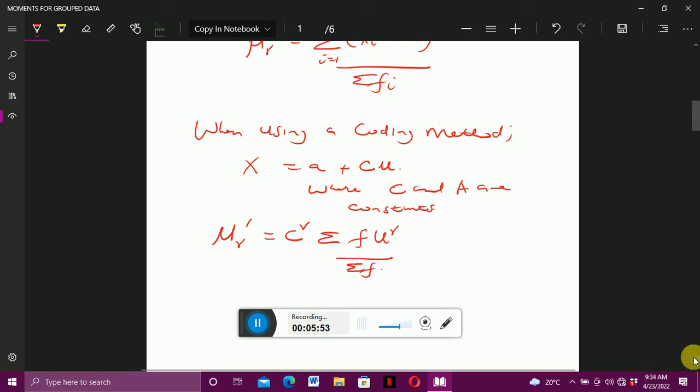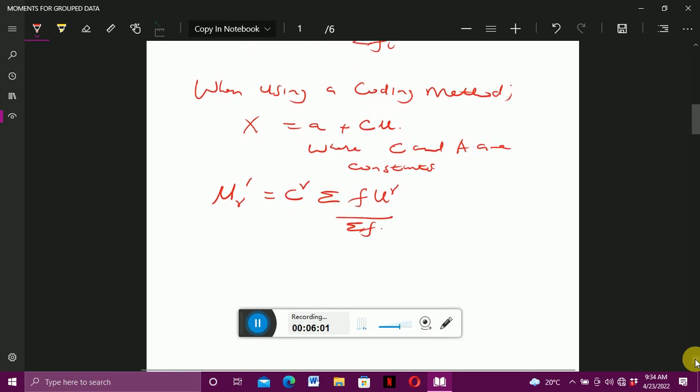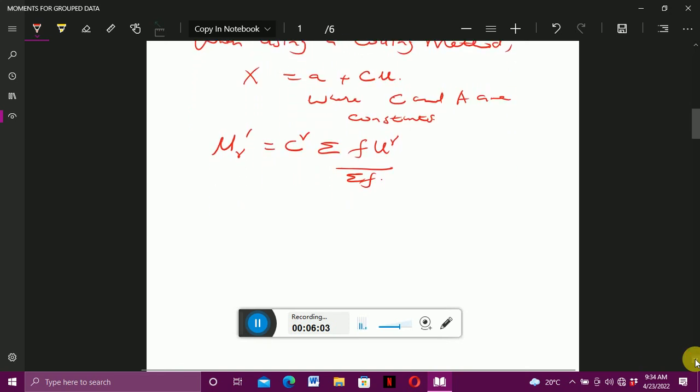So this is the formula that we use when we use a coding method, and this is what we use most of the times because we want to make the data as small in size as possible so that we reduce the likelihood of making any mistakes. So now we are going to look at an example.